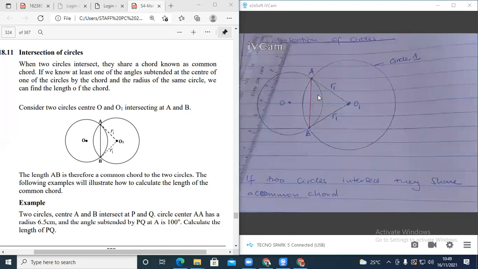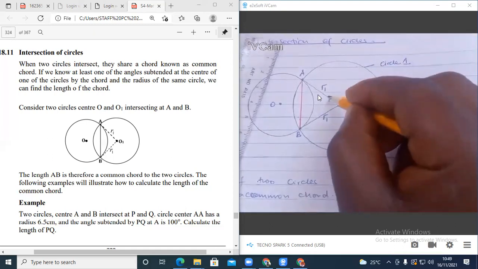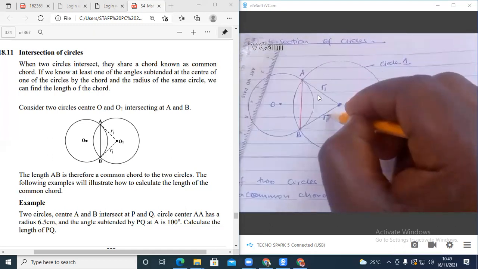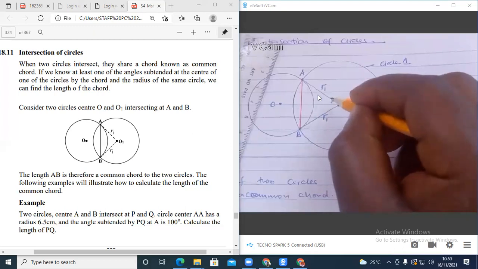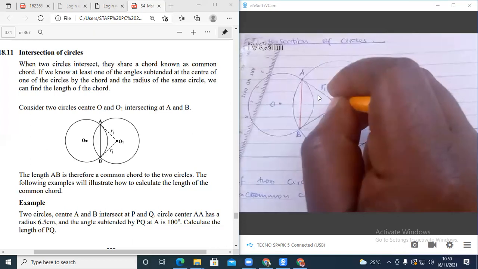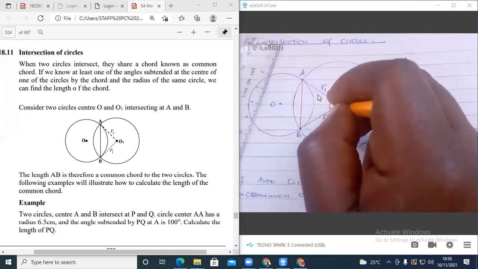So it's the angle between the two radii, this and this, but that angle is at the center. So the angle is between two lines, and these two lines are the radii, or the radius and radius. So this is the angle here. It is between there. That is the angle subtended at the center.